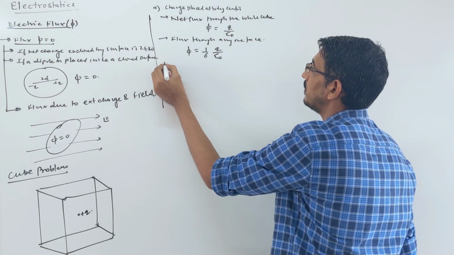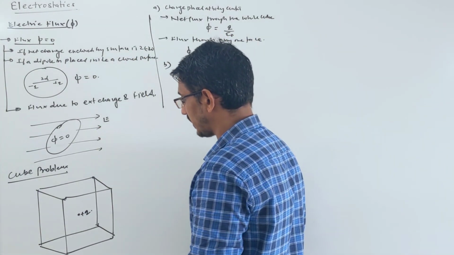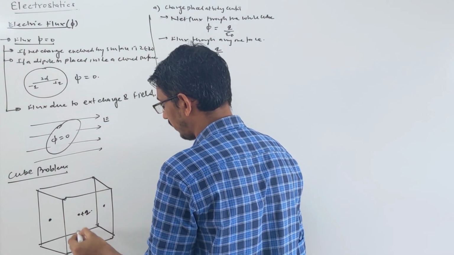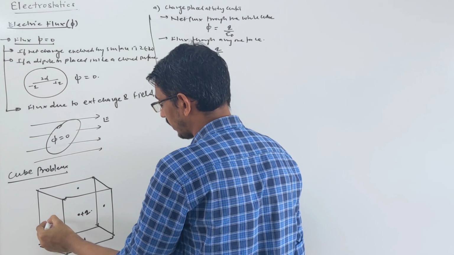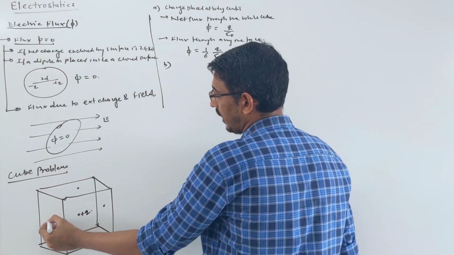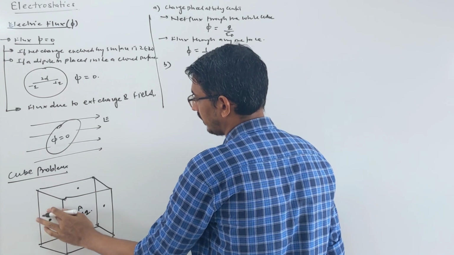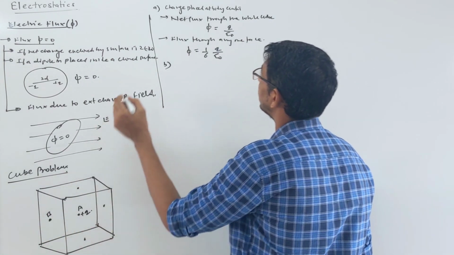Now what do you do? This charge you put somewhere else. You can put it at the face center, these all are face centers, right? Yes. You put it at the face center here. This is location B we are talking about, the face center, okay? Suppose this is your face center.